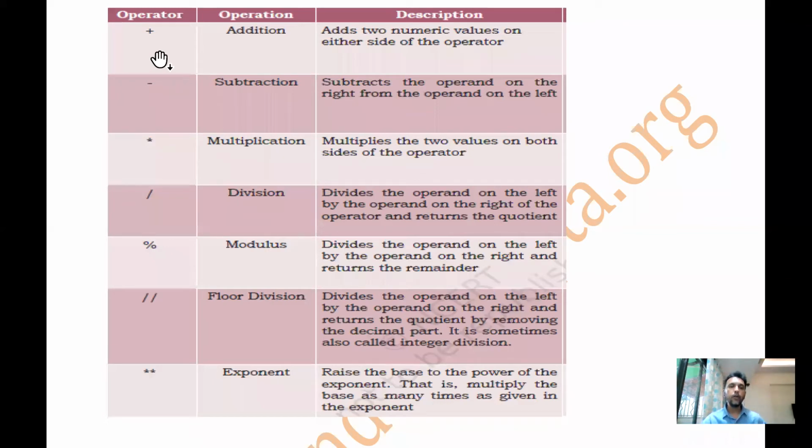Now, of these 7 operators, listen to me carefully, except exponent operator, all other operators have associativity of left to right. Only exponent has associativity of right to left.